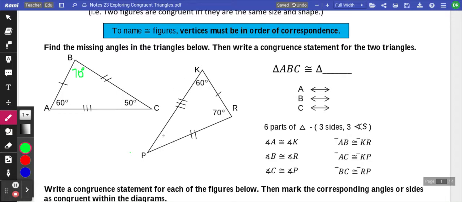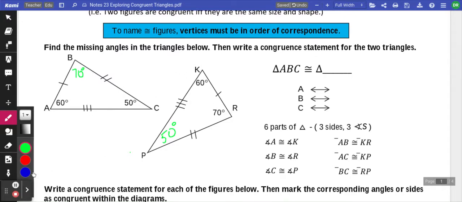So the missing angle is 50. And so from there, we see that not only do the two triangles have three congruent sides, but they also have three congruent angles, two angles of 50 degrees, two angles of 60 degrees, and two angles of 70 degrees.